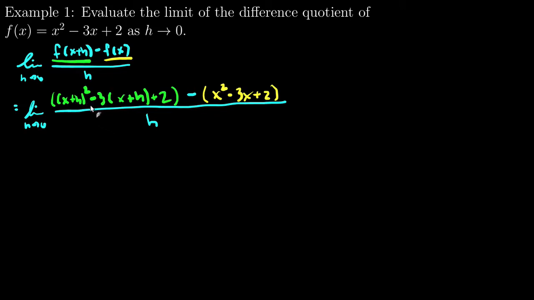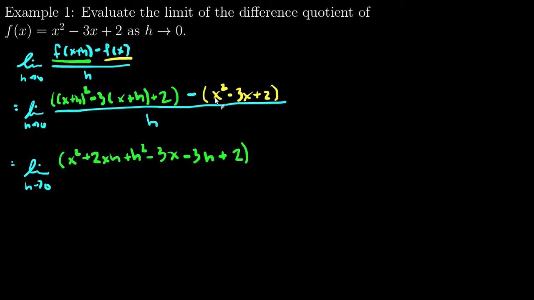And so how it's going to work for a lot of these is I'll expand out this portion of it and get the limit as h approaches 0 of, this portion expands out to x squared plus 2xh plus h squared minus 3x minus 3h plus 2.